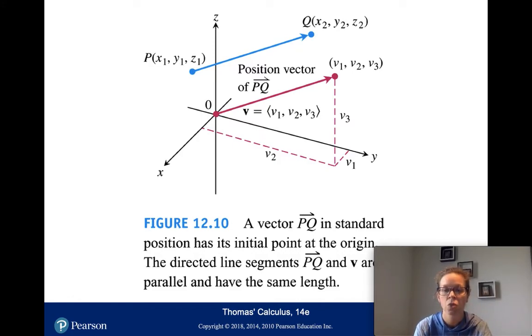That is to imply that it begins at the origin. So when you see a vector with those, that implies that it begins at the origin and it ends at that point V1, V2, V3. That's the terminal point, with it originating at the origin. It is equivalent to the blue vector that's there as well, just that one is not in its component form. That one is not originating from the origin.